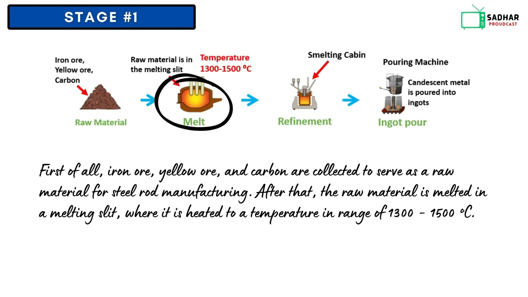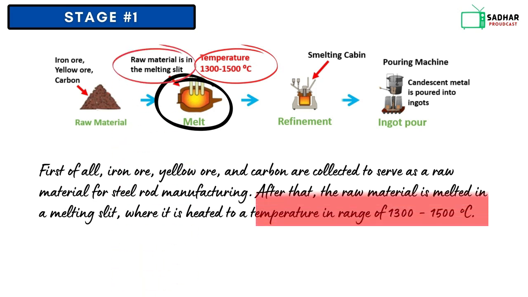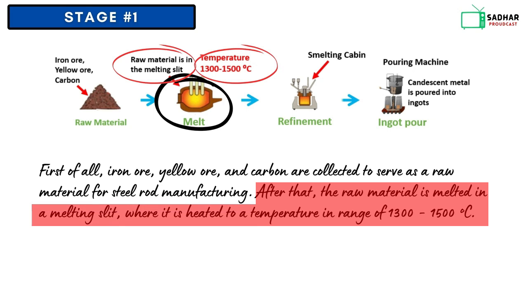So the next step, we can see, melt. And then we see temperature 1300, 1500 degrees Celsius. Raw material is in the melting slit. Although we don't understand the meaning exactly, but the words are there, the sentences are there, we can make use of them.